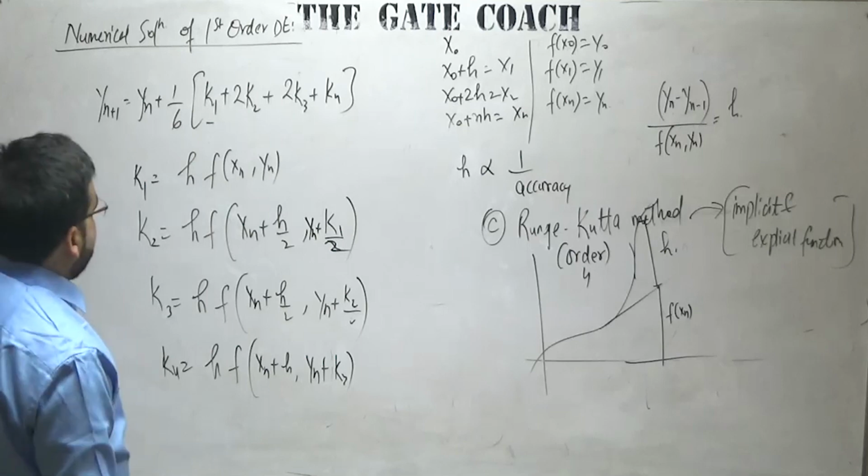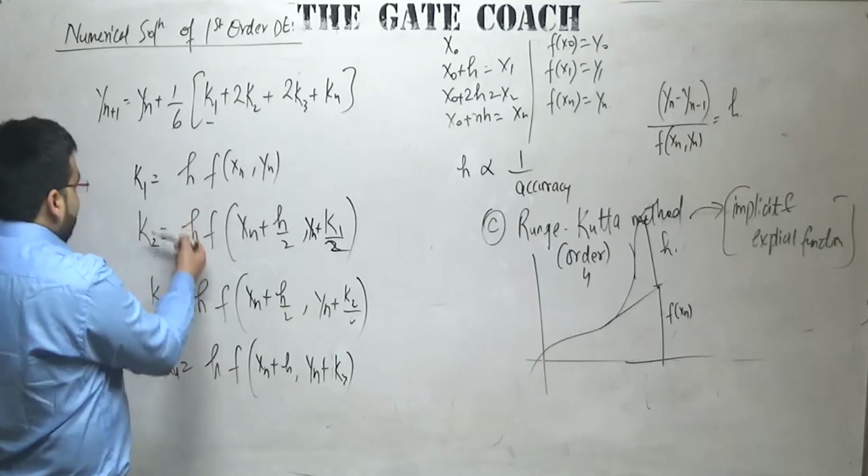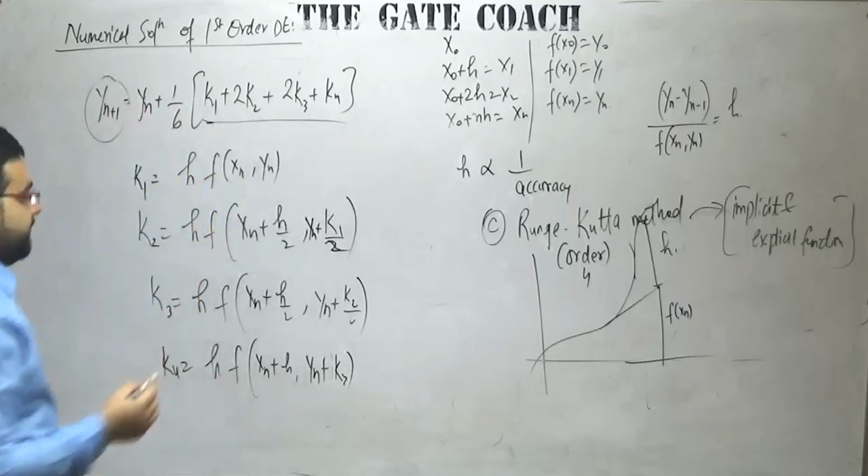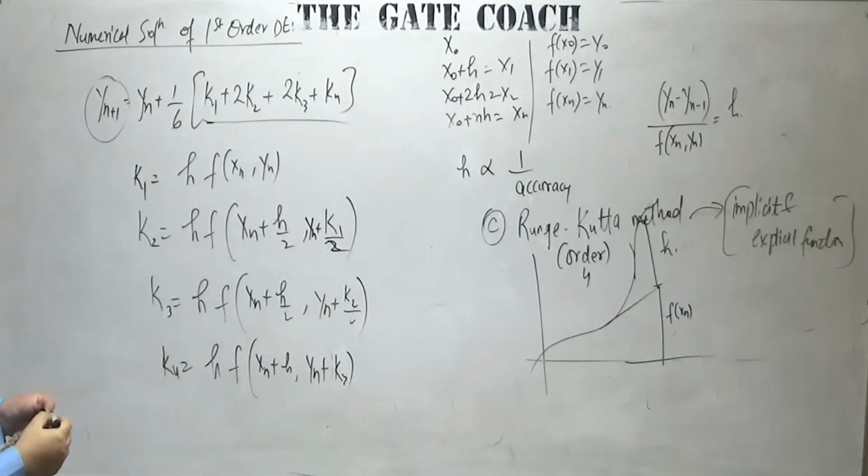This is the Runge-Kutta method of order 4. Just get the value of k1, k2, k3, k4, put it in this equation, and you will get the value of yn plus 1.